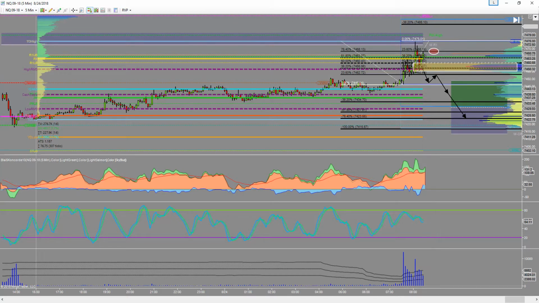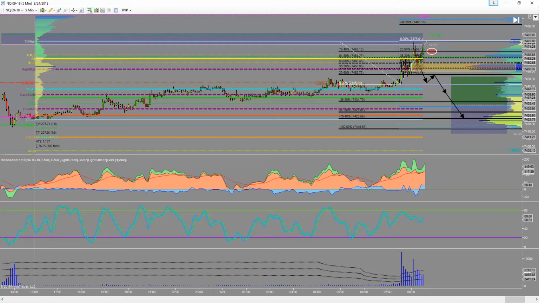So that means that if we break this initial balance high, we could expect to go to the prior week high and also to this level here and this one here. So then the price, our entry level is filled, and our stop loss should be down here at that point.